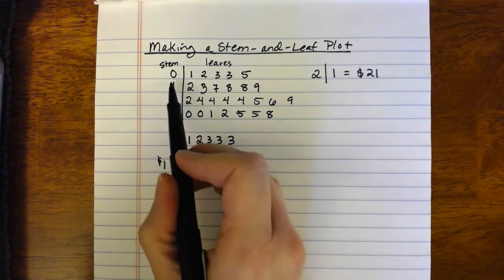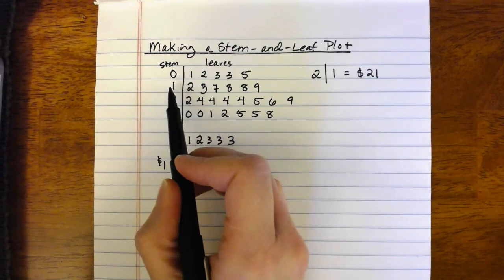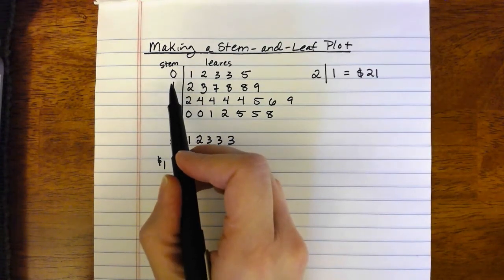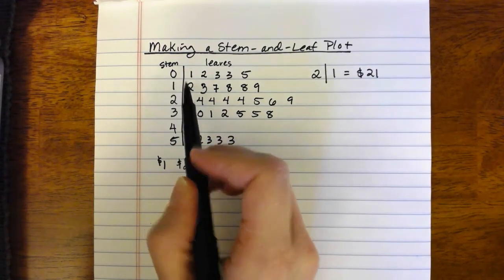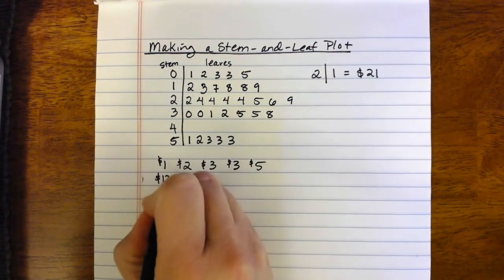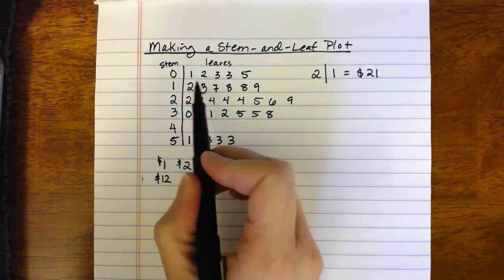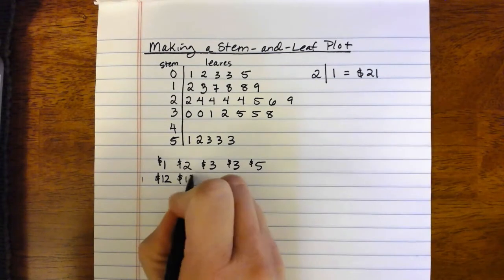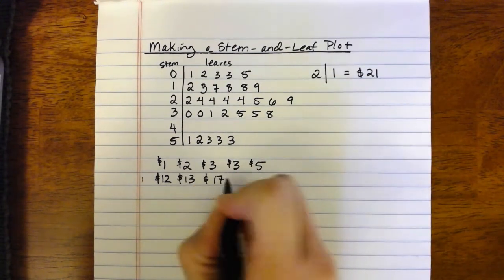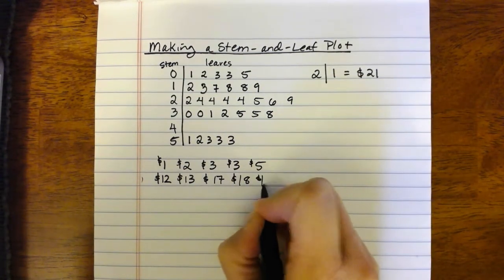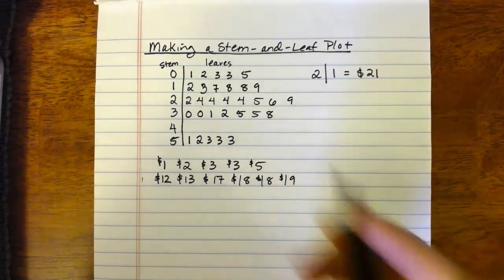When we drop down to the next line, we've increased our stem to a 1. So this represents a stem of 1 with a leaf of 2. That's going to be $12. Stem of 1, leaf of 3, $13. Then 17, 18, 18, and 19.